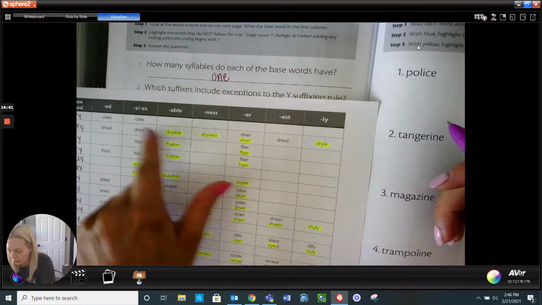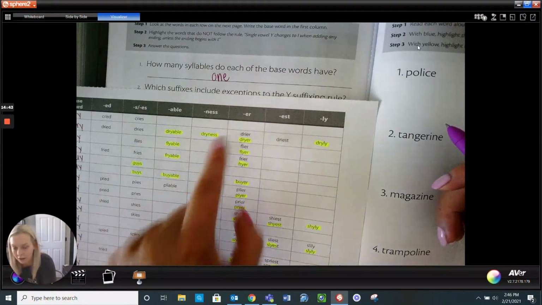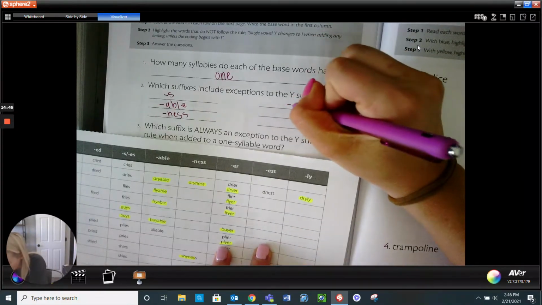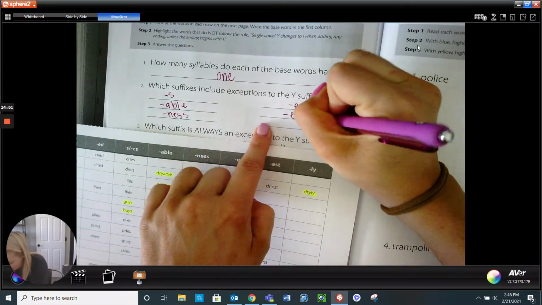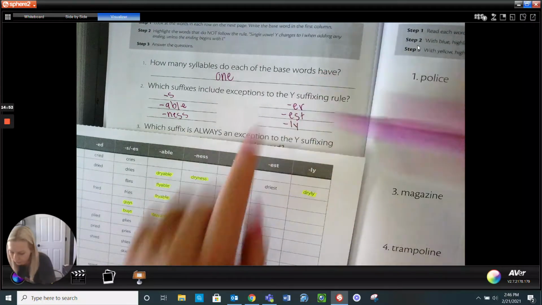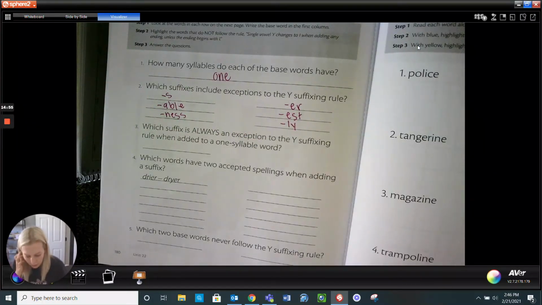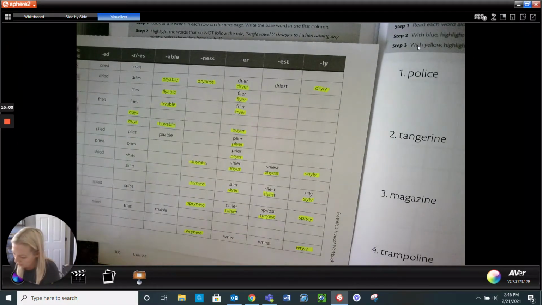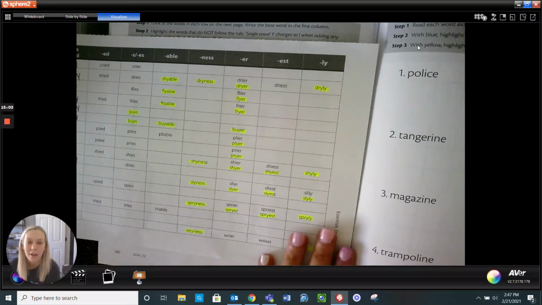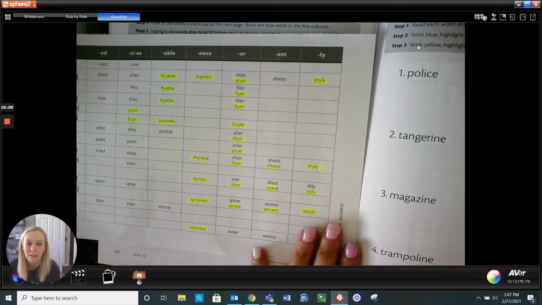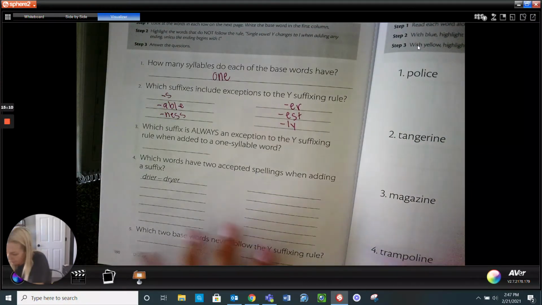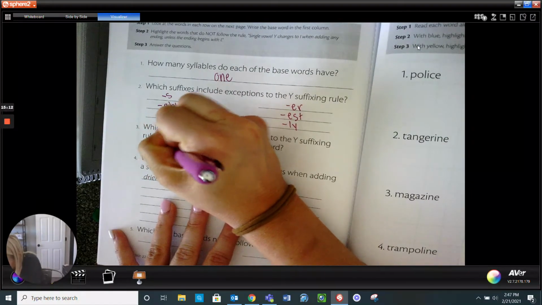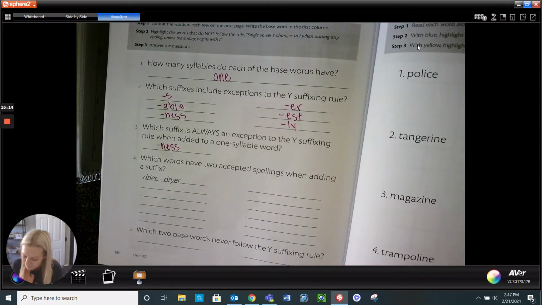I'm just looking for anywhere we've highlighted, any columns. Est, and ly. Which suffix is always an exception to the rule? Which one? Is every single word highlighted in the NESS. That one is always an exception.